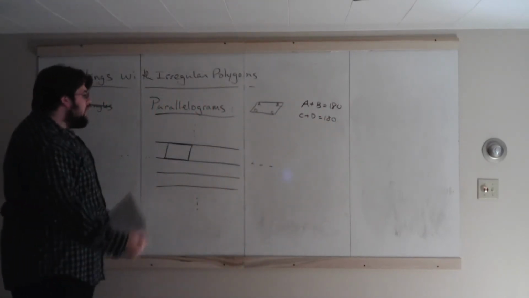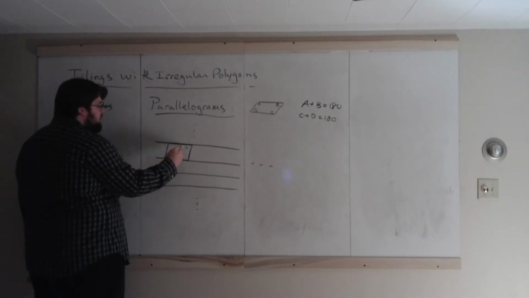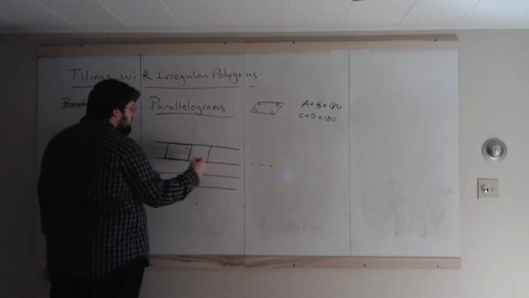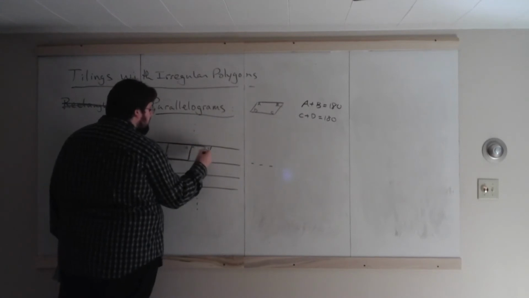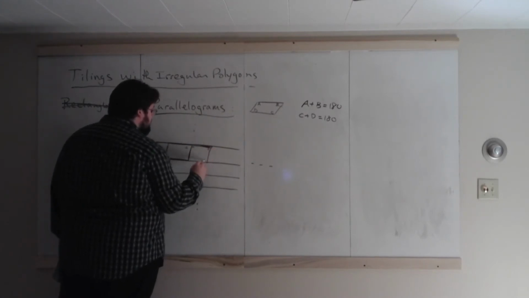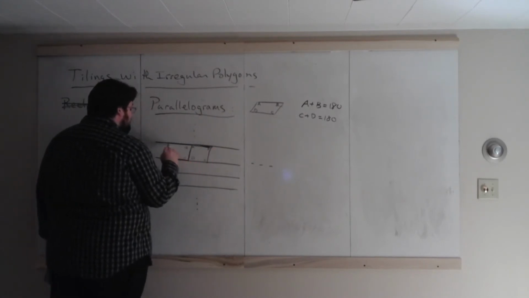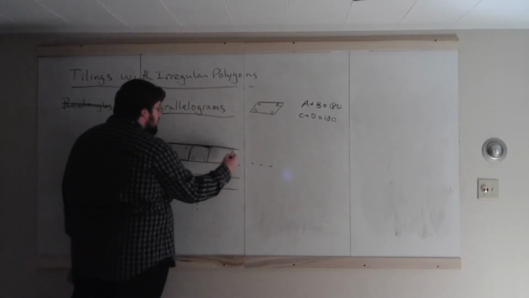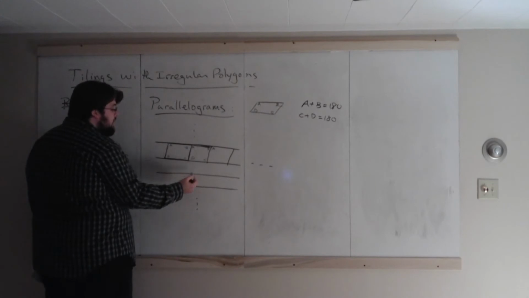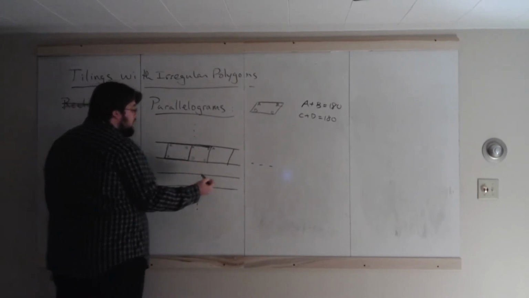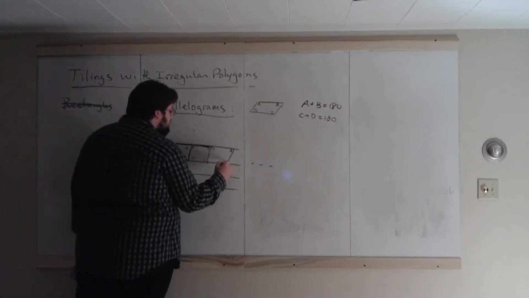And because of that, if we have angle B up here, we can fit a parallelogram right next to it. Angle A, angle B, angle C, angle D, and so on. And you can keep filling it in like that. So on the bottom, we have a straight line C plus D. On the top, we have a straight line B plus A, and so on.